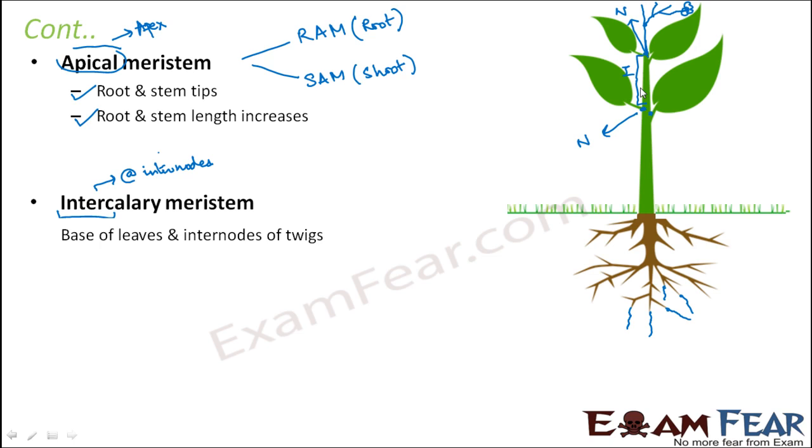Now, stem regions between the places at which leaves attach, basically this portion. That is why they are called intercalary meristem, because every portion has to grow. Whichever portion we want to grow, we basically want new cells to be formed there. So how do the new cells form? They are formed by the meristematic tissue.